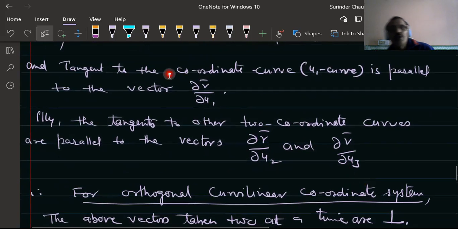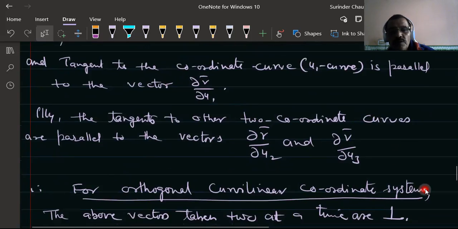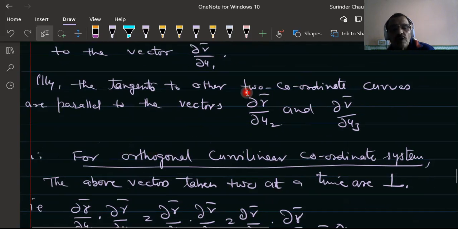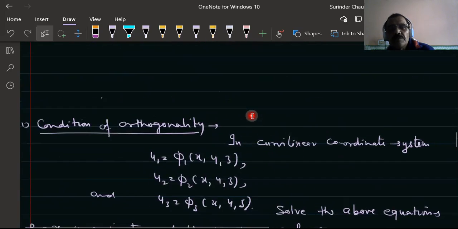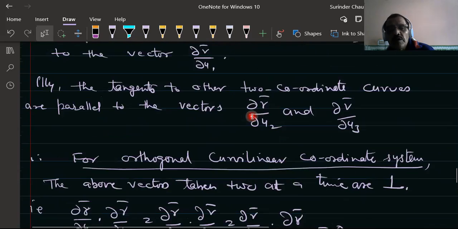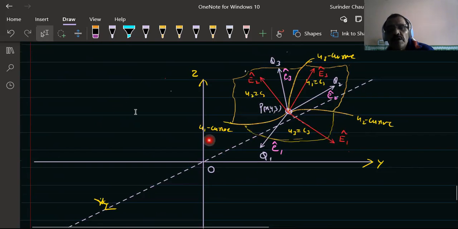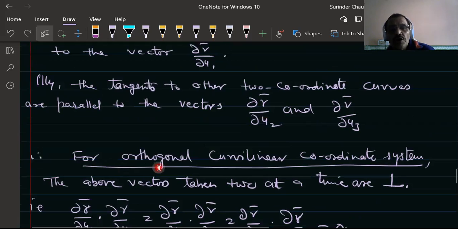Now, these three tangents are for the orthogonal curvilinear coordinate system. If this coordinate system is orthogonal, then, taken two at a time, the above vectors are perpendicular.